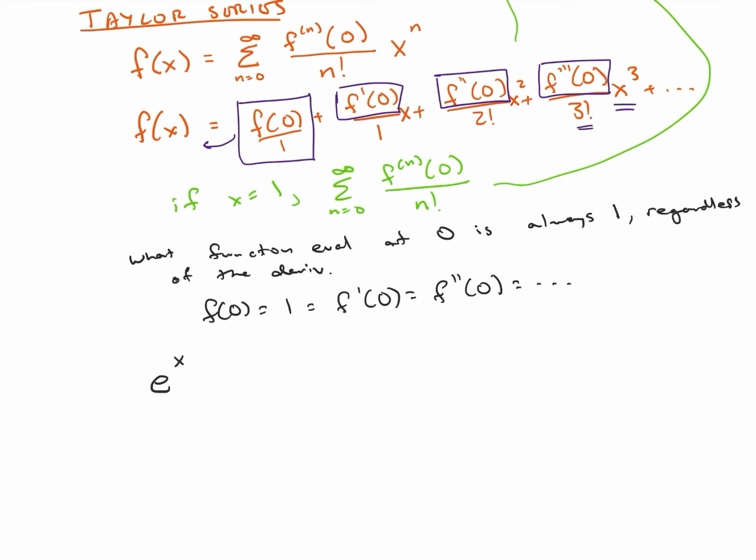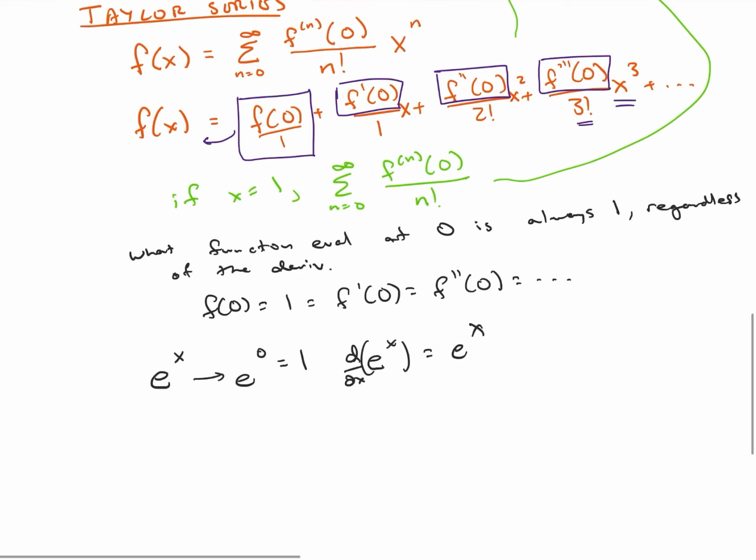So e to the x, and we know that e to the 0 is equal to 1. The derivative of e to the x with respect to x is also e to the x, so we're just going to keep getting the same function.